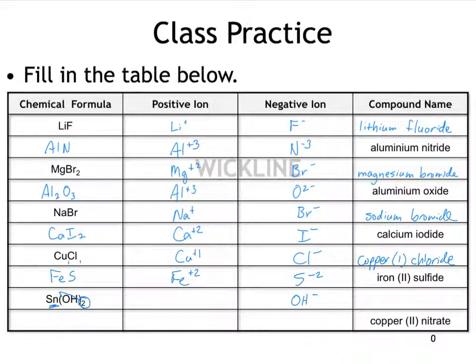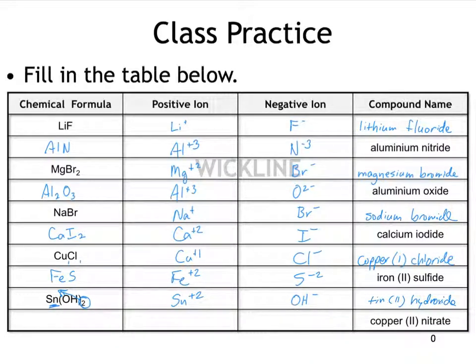So that 2 you can sort of uncross and bring up here, and that's going to tell you that the kind of tin that we have must be tin(II) in order to balance the charge of 2 separate hydroxide ions. So we have the name now as well. This would be tin(II) hydroxide.